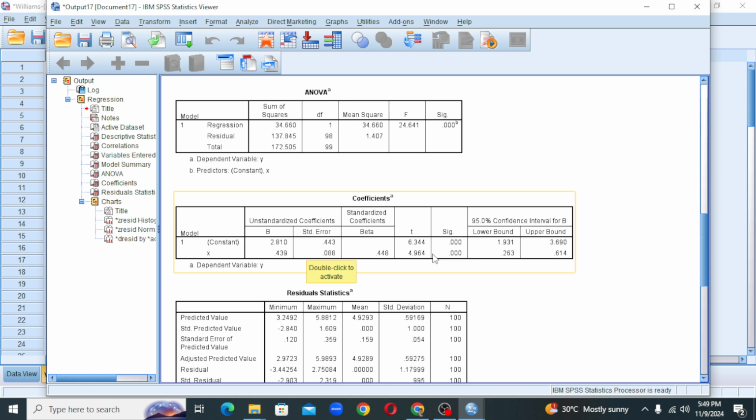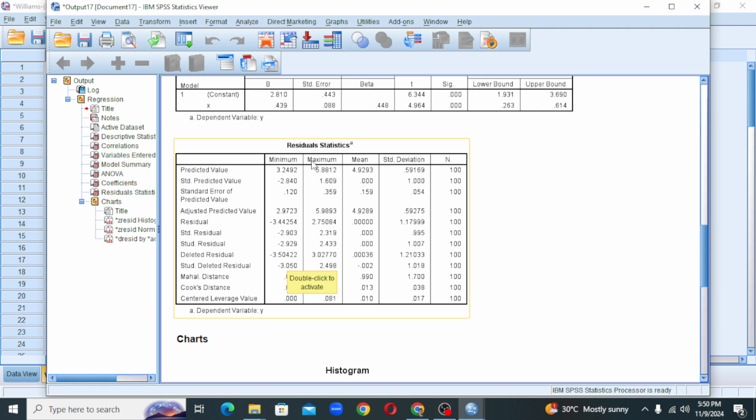It also indicates in the lower and upper bounds that both are on the positive side, indicating significance. When we look at the B value for X, 0.439, what this means is, when X improves by 1000 points, the Y variable will increase by 439 points.